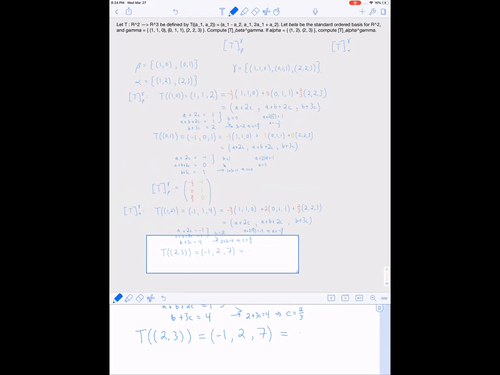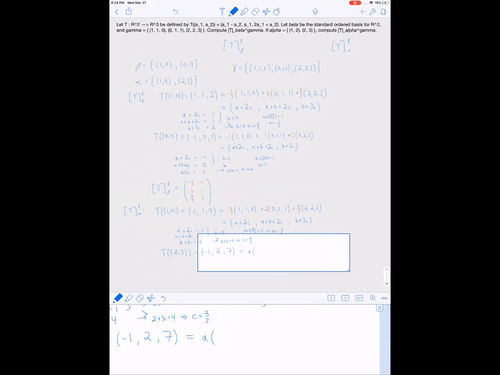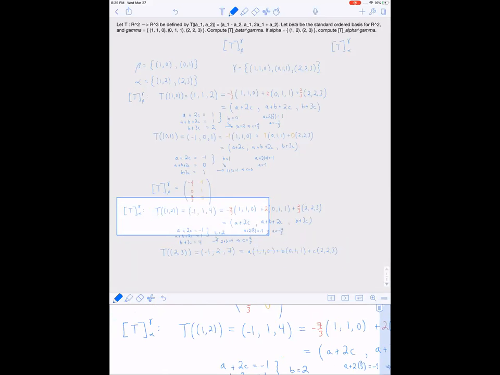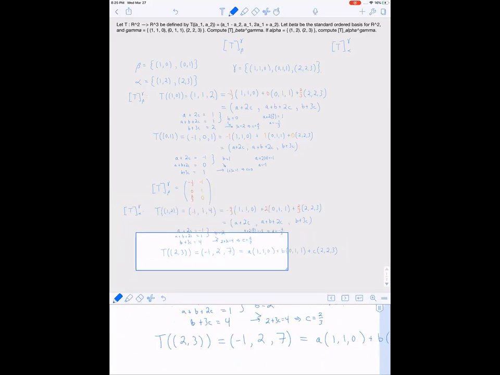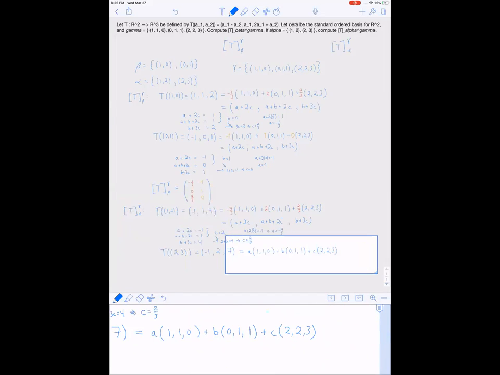We want this to be A times (1, 1, 0), plus B times (0, 1, 1), plus C times (2, 2, 3). Again, because we're writing down the matrix for T with respect to alpha and then gamma, we're writing the results of T applied to alpha in terms of the vectors from gamma.